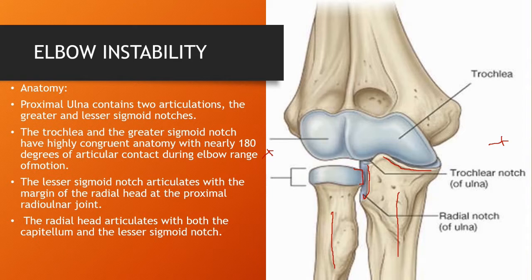Okay, and you can see that the shape of the greater sigmoid notch is going to confer much in the way of stability of the elbow articulation, both by virtue of this lip on the anterior aspect. This is known as the coronoid process. Also by the slope and shape of the sigmoid notch, and then also the slope and shape of the trochlea.